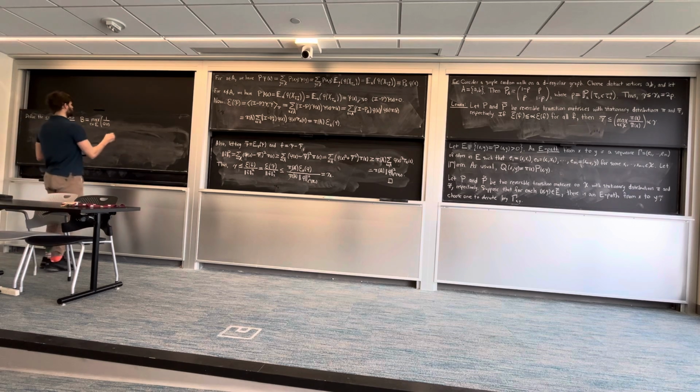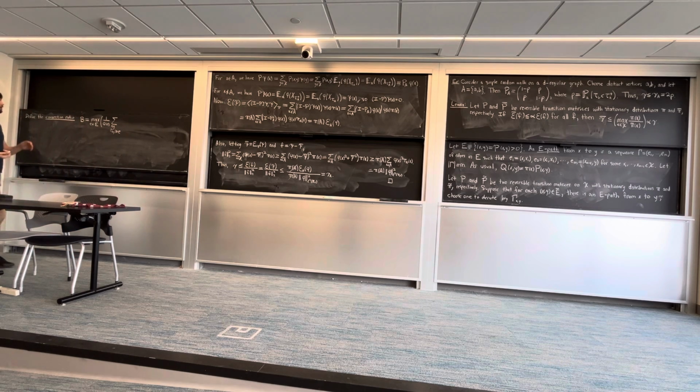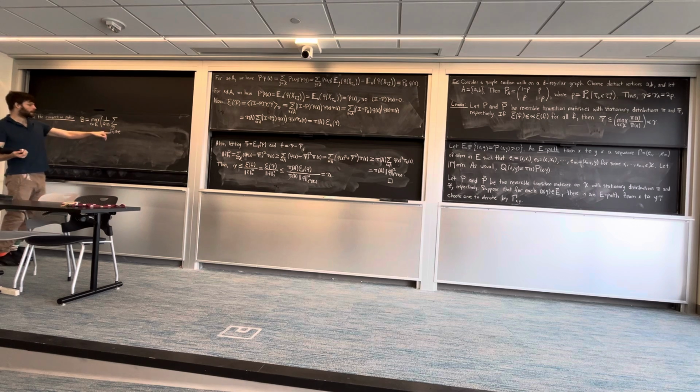And then I take the sum over all x and y such that gamma xy includes E. So I'm summing, I have these special paths gamma x, y.